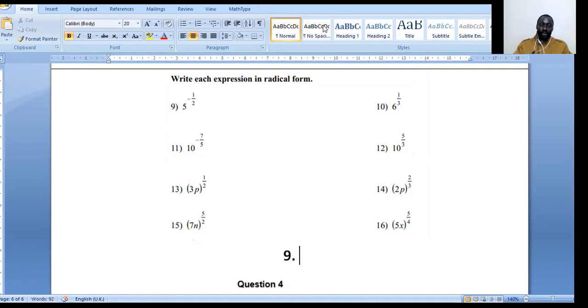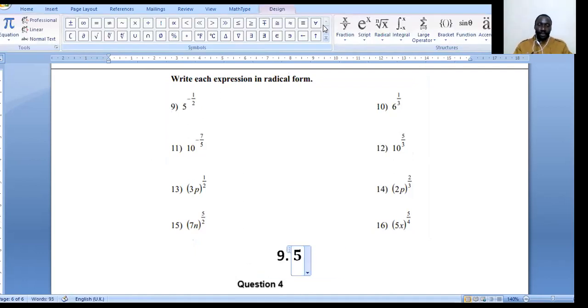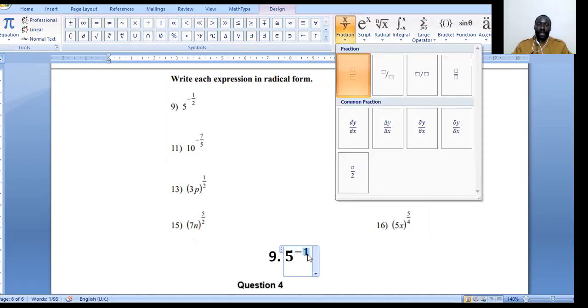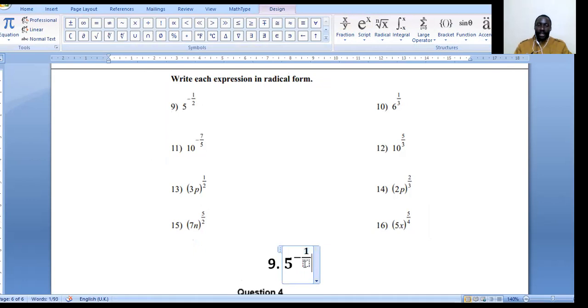We have 5, which is raised to the power of -1 divided by 2.